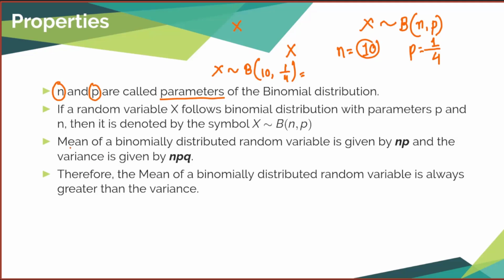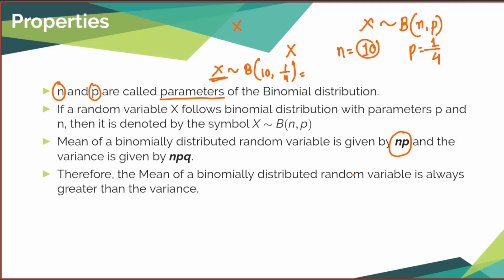Now if a random variable x follows binomial distribution, then its mean, arithmetic mean, is given by the multiplication of the two parameters. If you multiply n into p, you will get the average number of successes. Now what is mean?